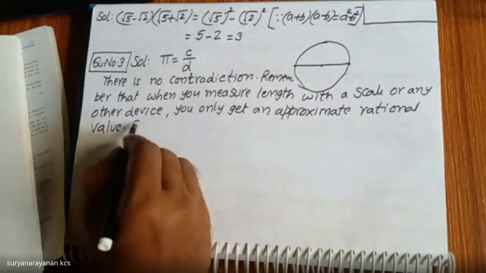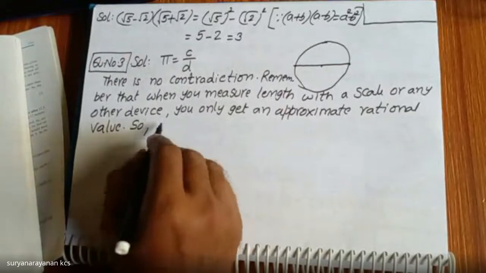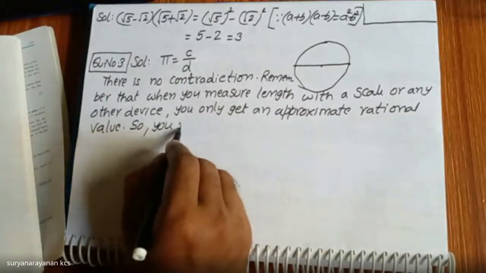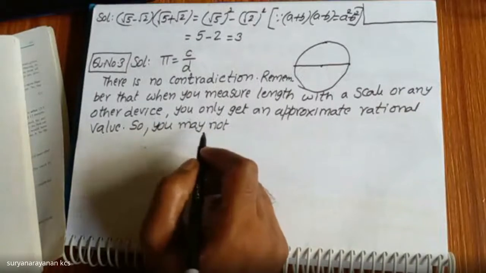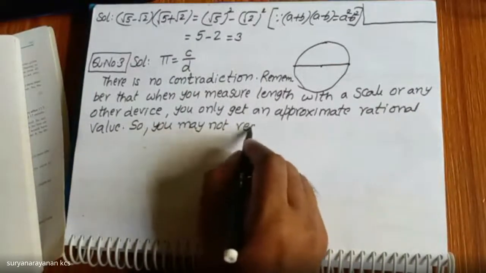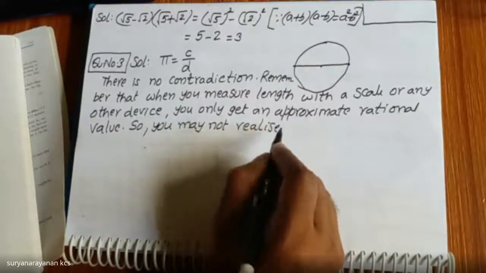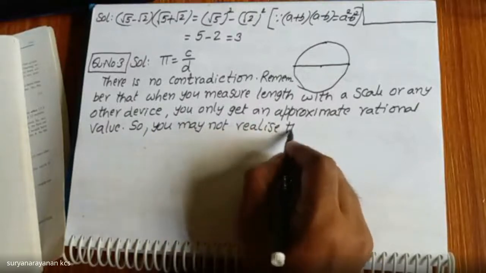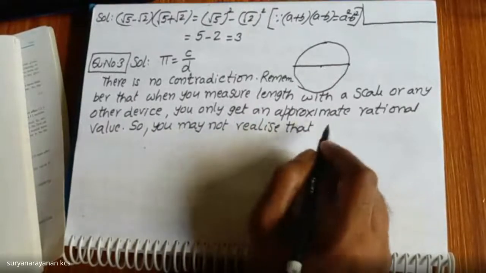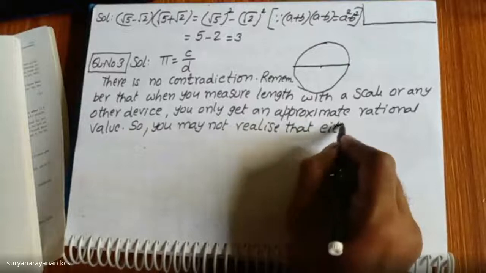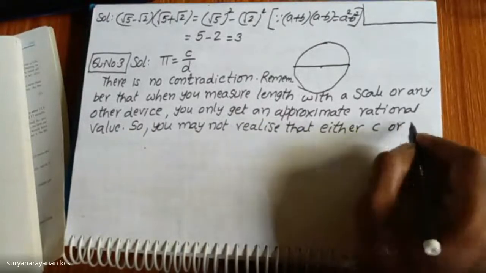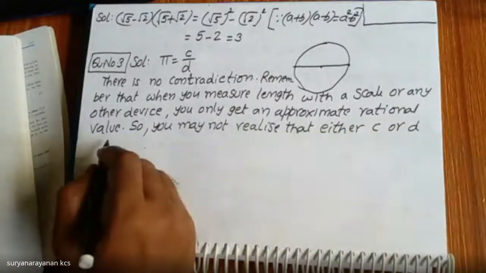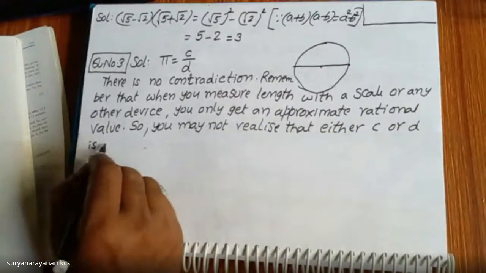So you may not realize that either C or D is irrational.